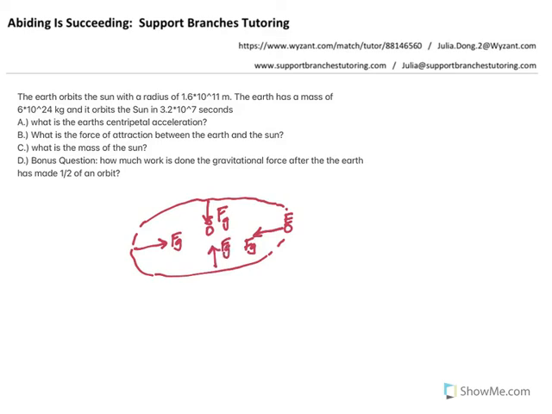And it asks essentially about half of the orbit. So if we start at time point 1 here, half of the orbit, time point 2, would be here.